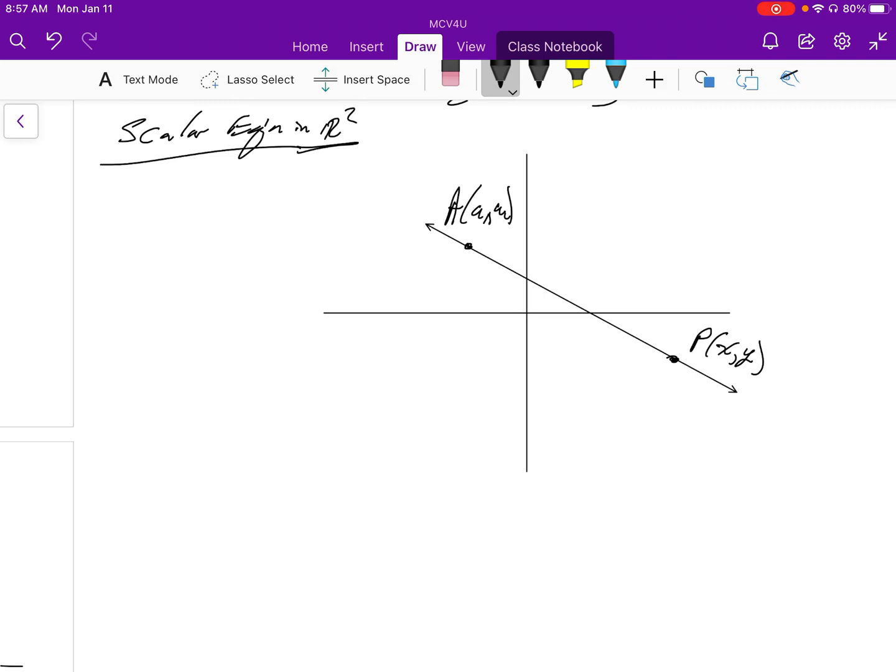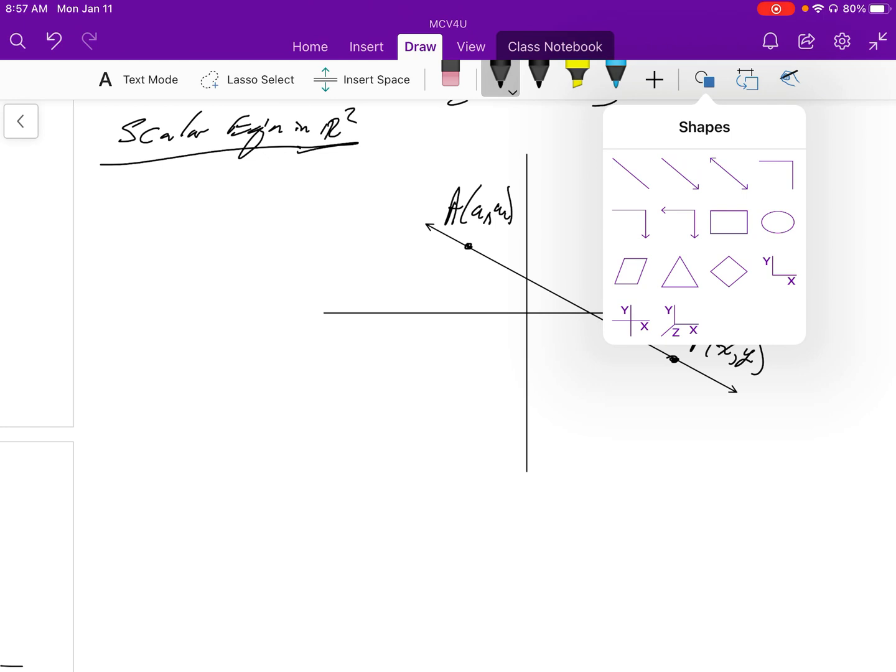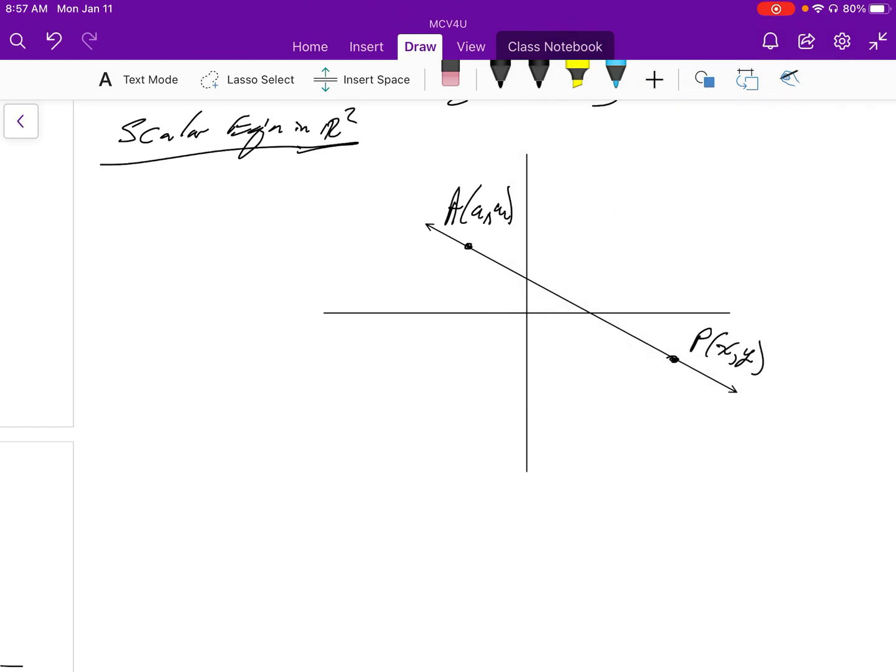If we have a normal vector to the line, that means it's perpendicular to the line itself. So let's assume we've got a normal vector here. We'll say that this is n.